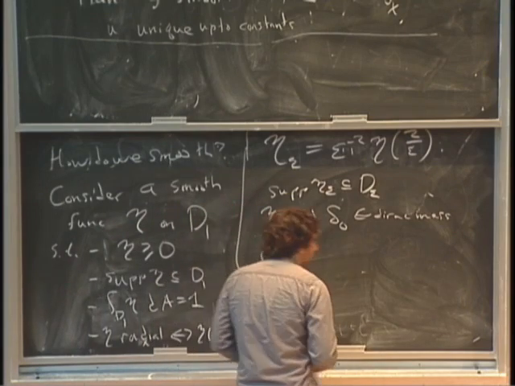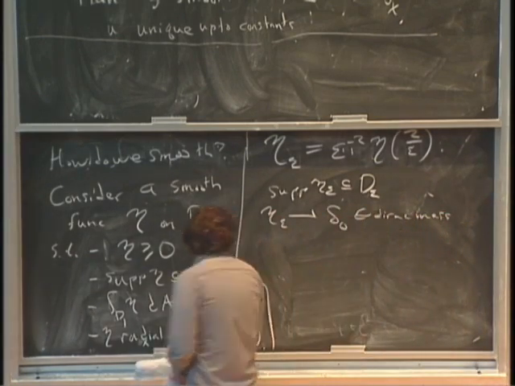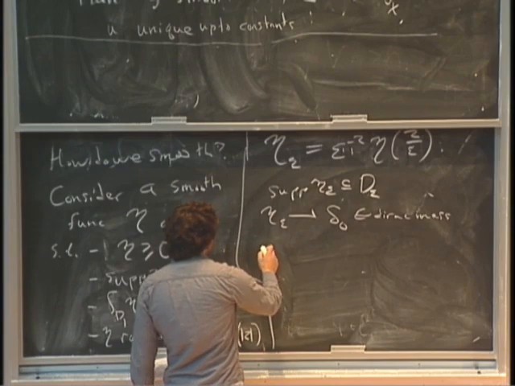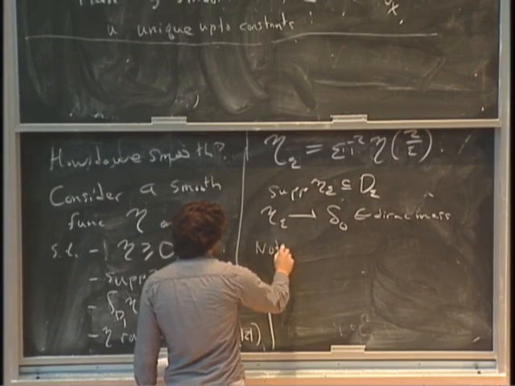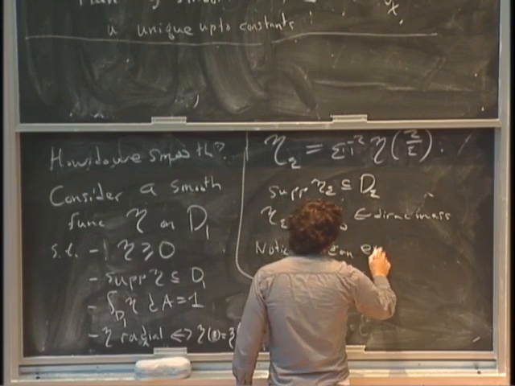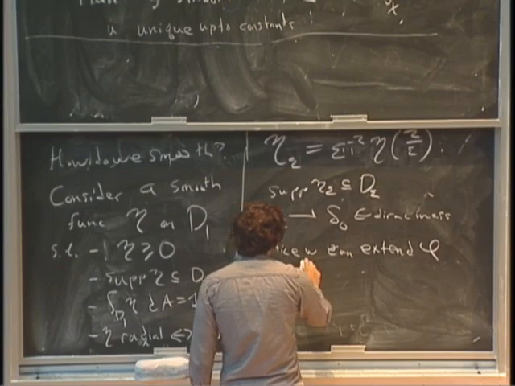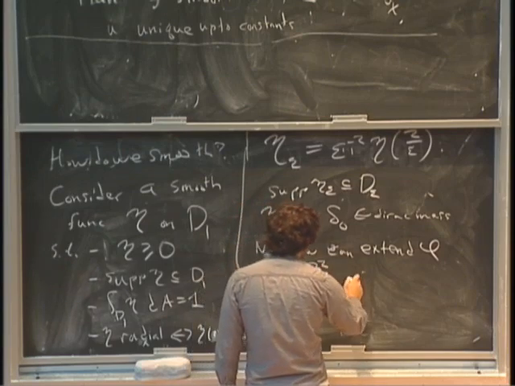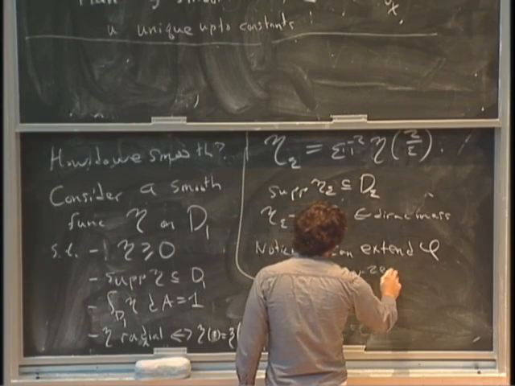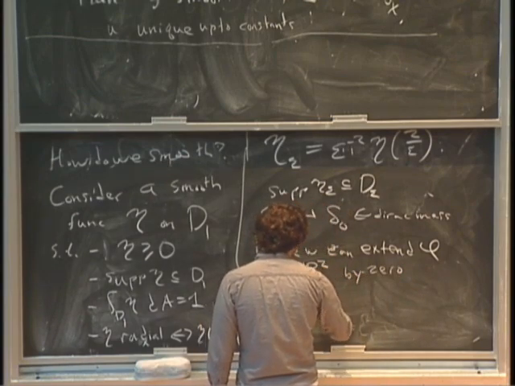But just before I do that, notice we can extend phi to the whole plane by 0, and then we get a function phi that is in L2 of R2.